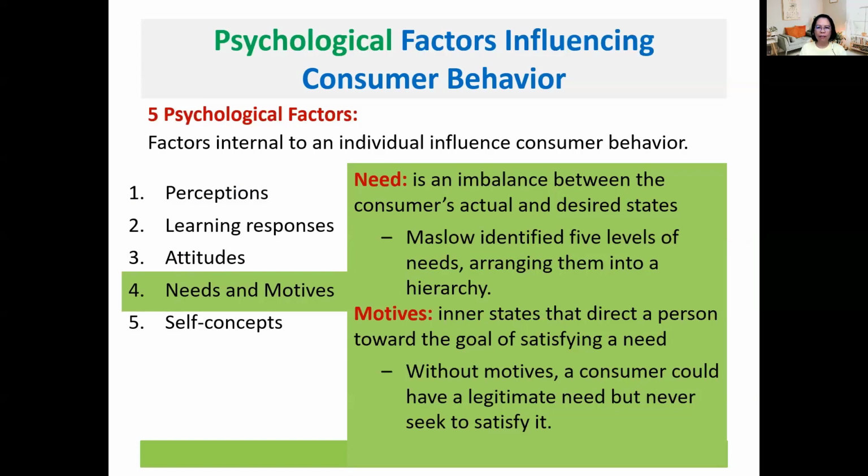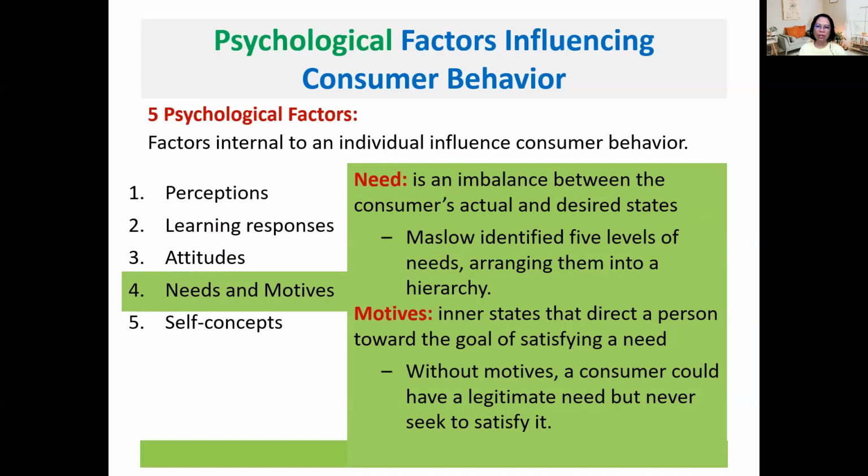Maslow identified 5 levels of needs, arranging them into a hierarchy. Motives are inner states that direct a person toward the goal of satisfying a need. Without motives, a consumer could have a legitimate need but never seek to satisfy it.